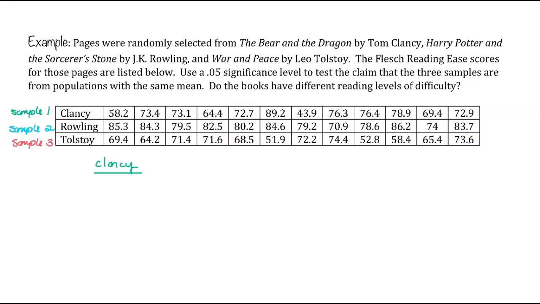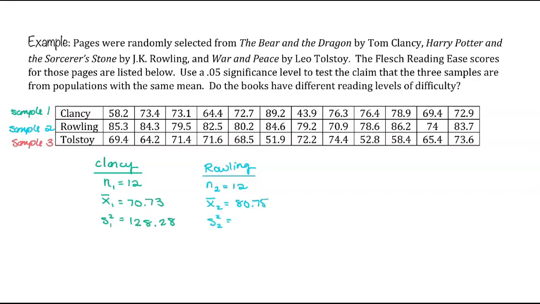If you put the values from the first sample into list 1, we have a sample size N1 of 12, a sample mean X1 bar of 70.73, and a sample variance S1 squared equal to 128.28. If we do the same for the second sample, we again have a sample size N2 equal to 12, a sample mean X2 bar equal to 80.75, and S2 squared equal to 21.92.